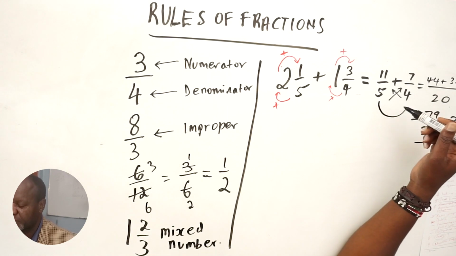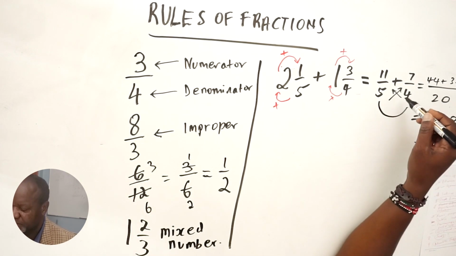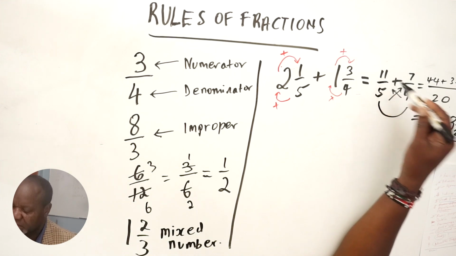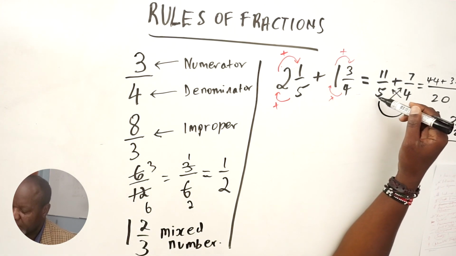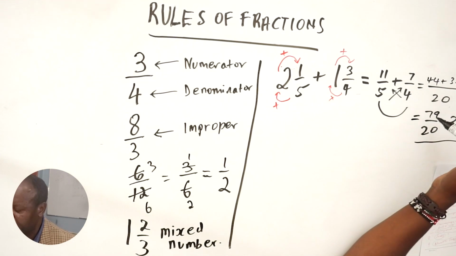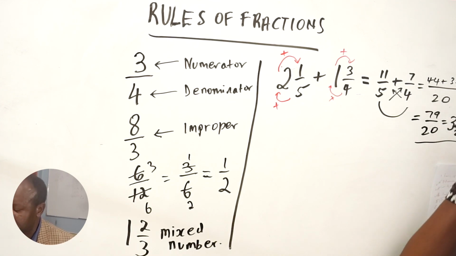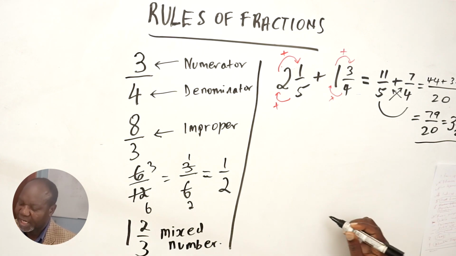Our method of smile and keys: the smile, 5 times 4, 20. 4 times 11, 44. 5 times 7, 35. 44 plus 35, 79. Then we say how many 20s into 79? Okay, you can do it in rough work and check. 20 times 3 is 60. The remainder becomes the numerator.